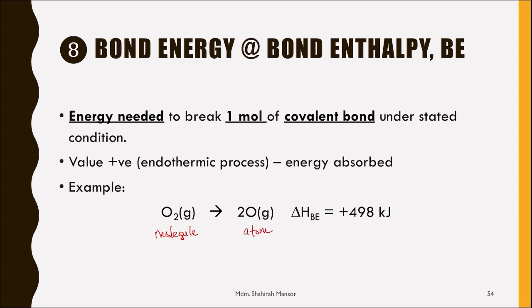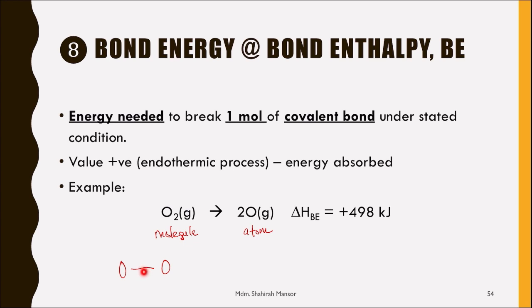When we are talking about breaking the covalent bonding, in this chemical equation we have atom as the product and molecule as the reactant. So obviously we have covalent bonding in this reactant because it is in the form of a molecule. The O2 molecule means we have two oxygen atoms connected by a single covalent bond.